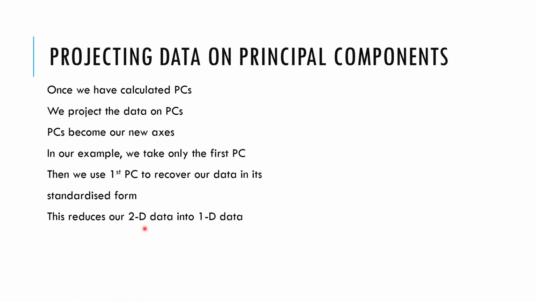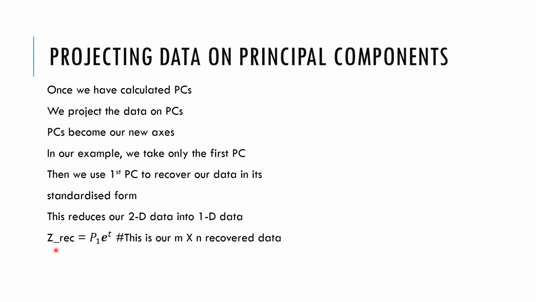This reduces our 2D data into 1D data, because we are using only the first principal component. If we had multi-dimensional data, say 100 variables, we would have taken the first two, three or four principal components, reducing 100 dimensional data into just 4 or 5 dimensional data. In our example, it's 2D to 1D.